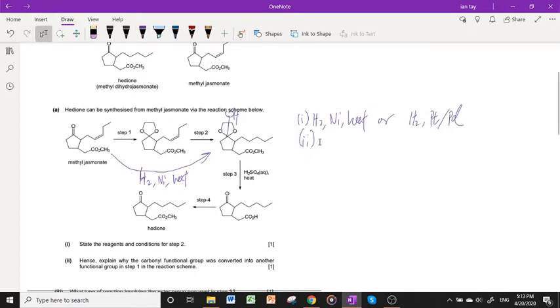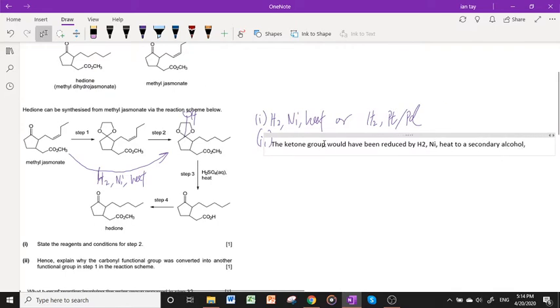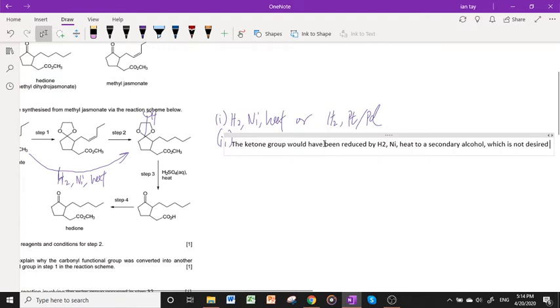So firstly, state what we are trying to avoid. So the carbonyl group or the ketone functional group would have been reduced by H2, Ni, heat to a secondary alcohol, which is not desired as the product kind of keeps the ketone group intact.